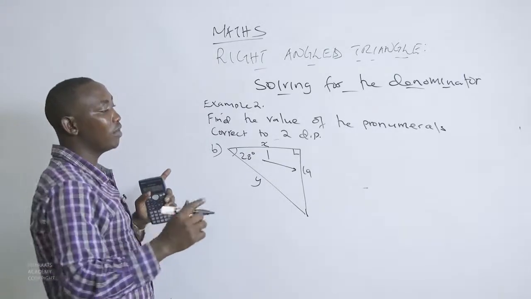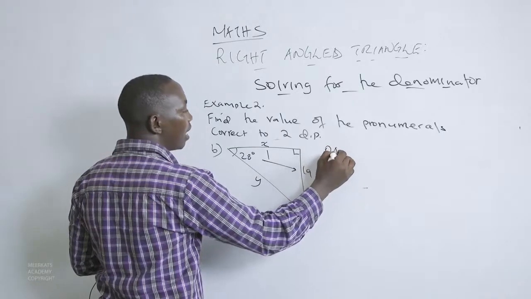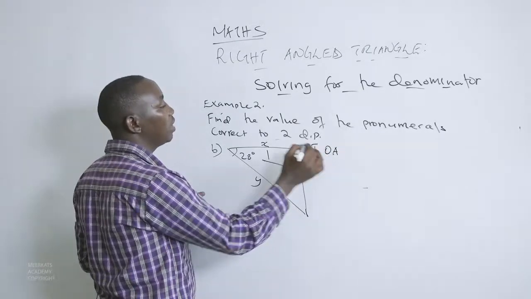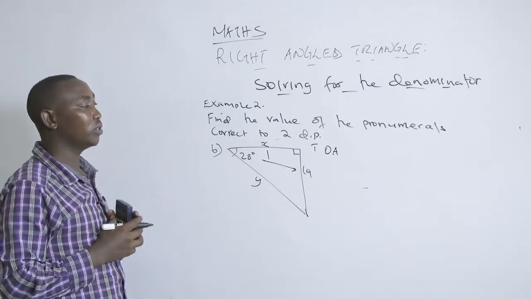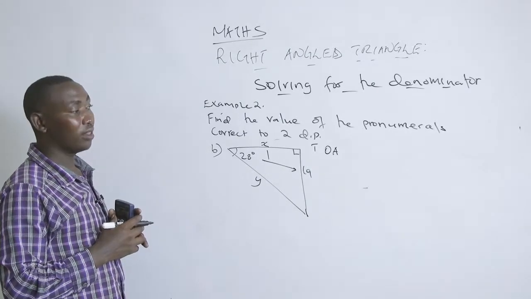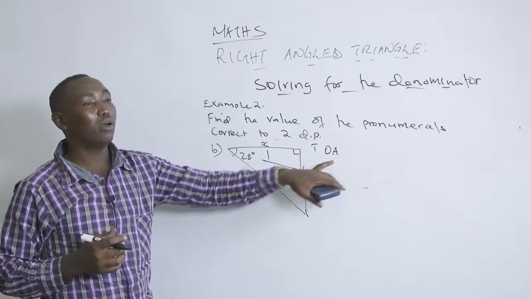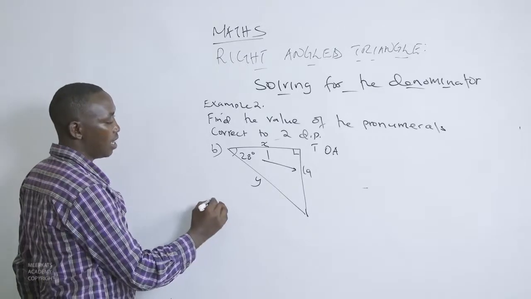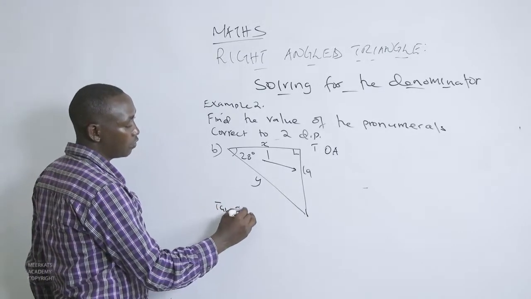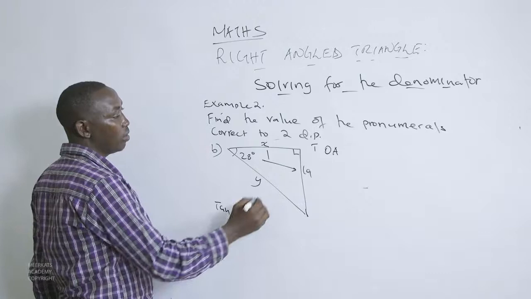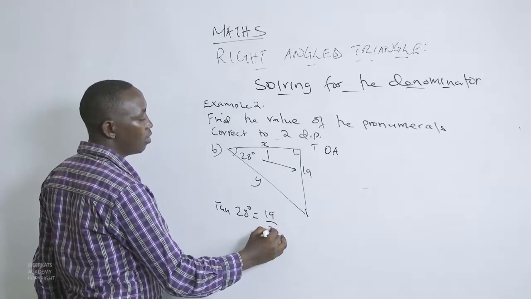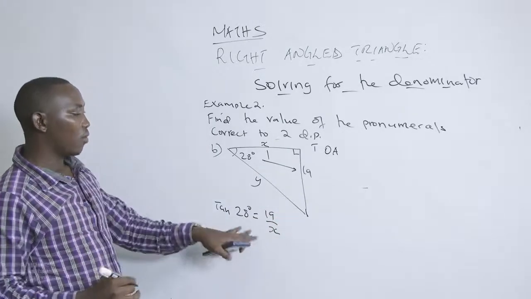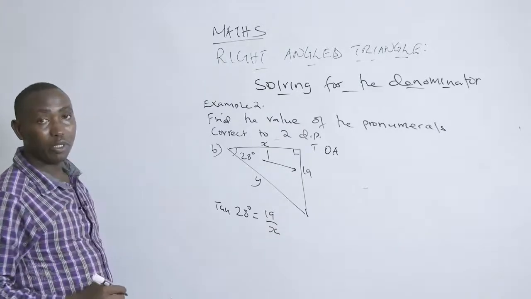Therefore, we have opposite and adjacent, so to get x we use tan theta equals opposite over adjacent. That is, tan of 28 degrees equals the opposite, which is 19, all over x. We need the value of x, so we multiply both sides by x.